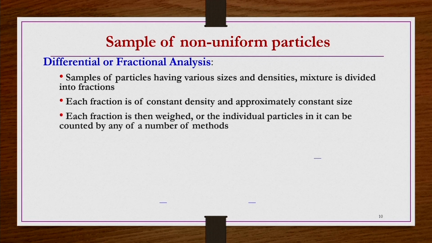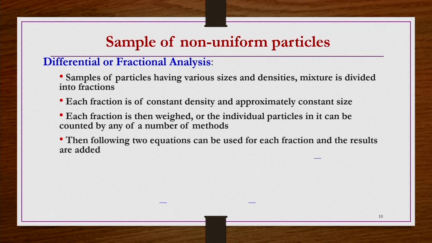Each fraction is then weighed, or the individual particles in it can be counted by any number of methods available. Then the following two equations can be used for each fraction and the results are added. What are these equations? Ni is equal to mi by rho p Vpi, exactly the same as for uniform mixtures. Here the subscript i indicates the screen increment, right. i can be 1 to 20 if you have 20 screens, or 1 to 10 if you have 10 screen increments, where you have fractionated the sample into individual fractions.